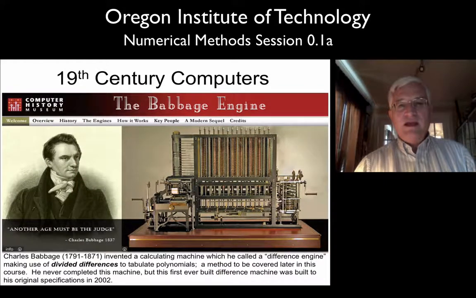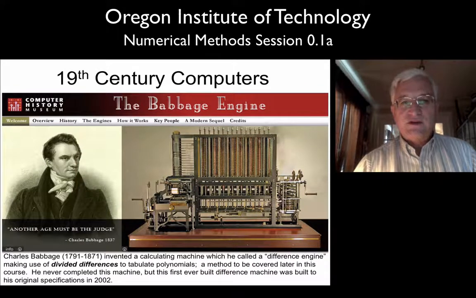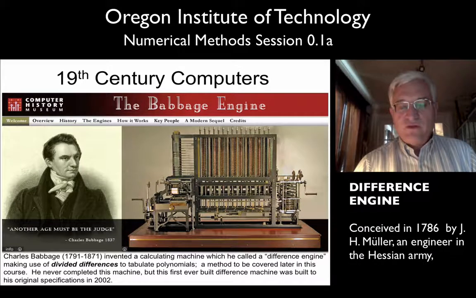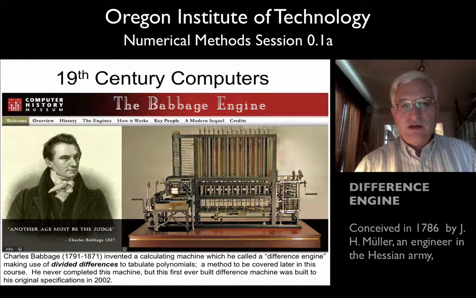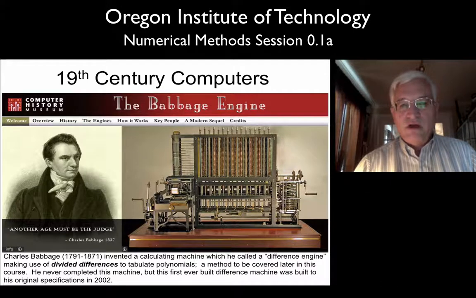And then you finally end up coming to the 19th century, where an individual named Charles Babbage borrowed an idea from a prior century, meaning the later 1700s, that an engine could actually be built that would do arithmetic.